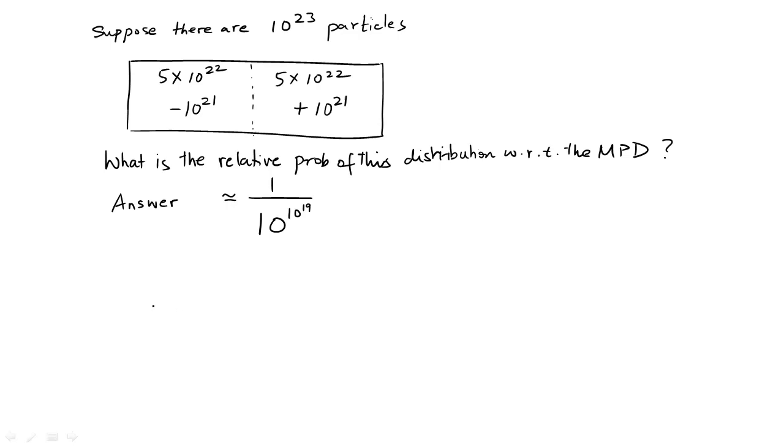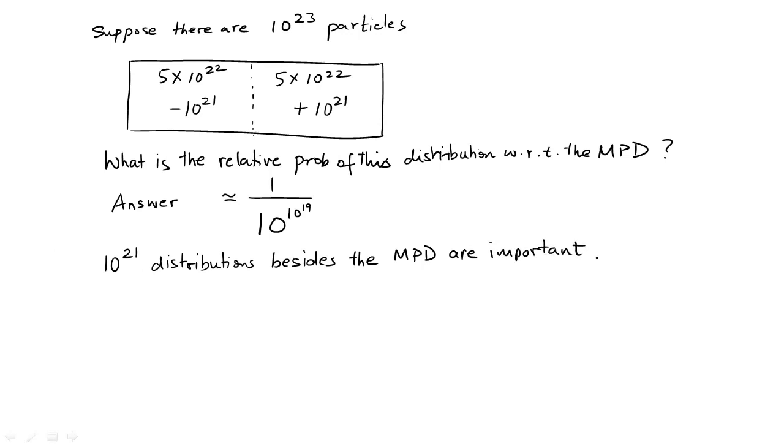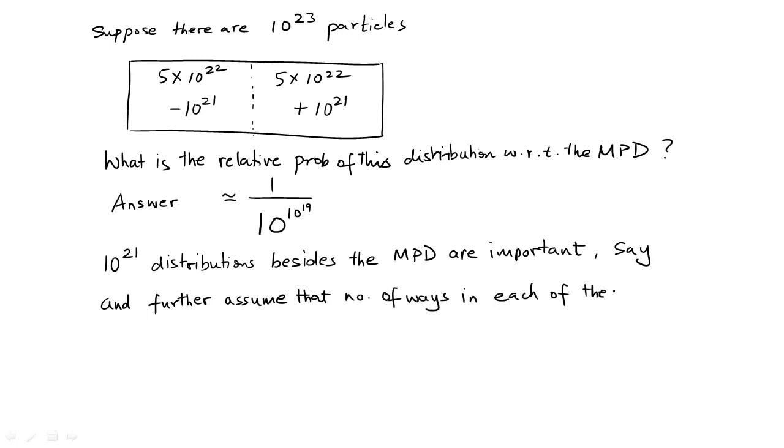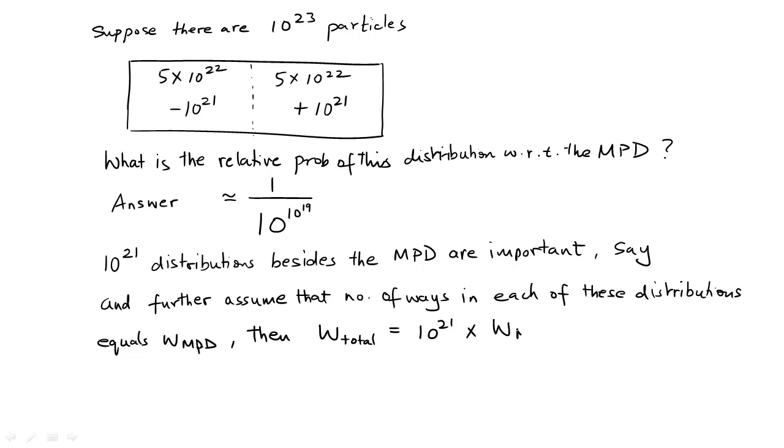But now we come to the really fun part. Even if we say that there are 10 to the 21 distributions besides the most probable distribution which are important, and further, we make this really generous assumption that the number of ways in these 10 to the 21 distributions equal the number of ways in the MPD, then the total number of ways is equal to 10 to the 21 times the number of ways in the most probable distribution.